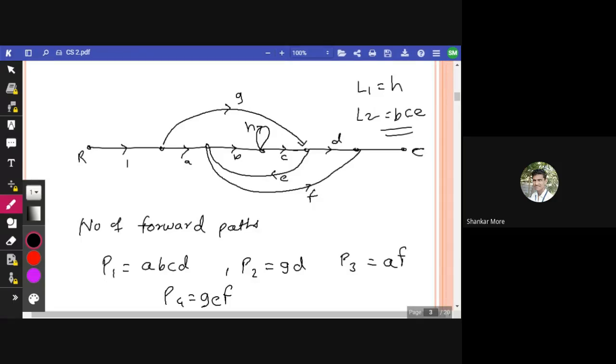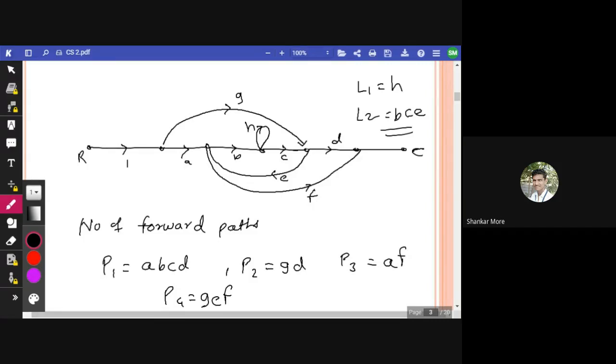All right. ठीक है. Now tell me how many non-touching loops are there? Guys, everyone respond.